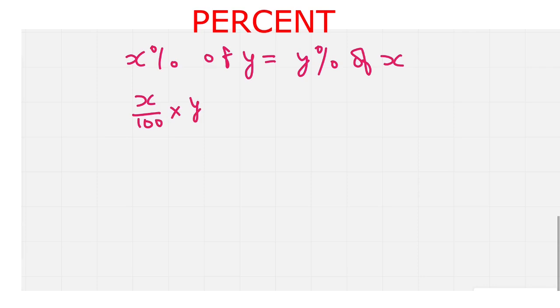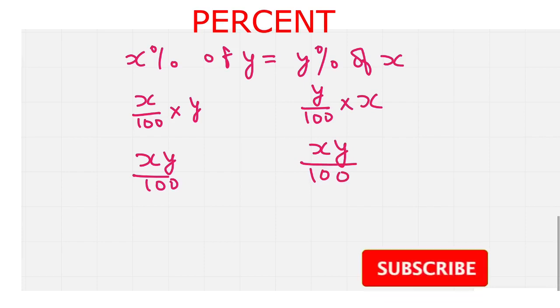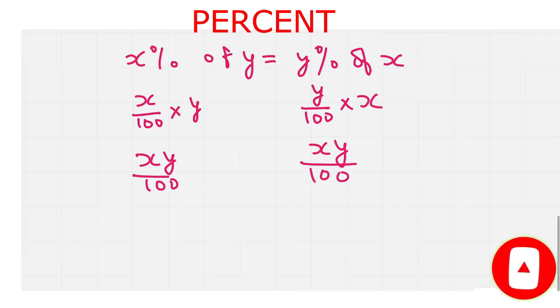Similarly, y% of x is y upon 100 multiplied by x, and both give xy upon 100. Thus, both are the same. Hence, we can say that x% of y is y% of x. And by using this concept, we can easily solve a few questions.